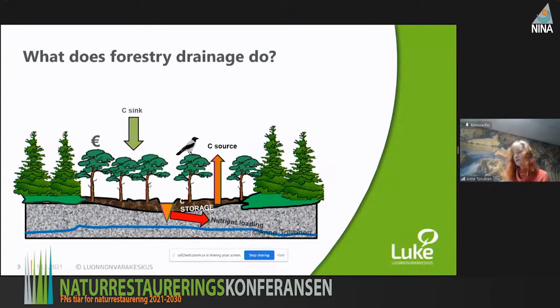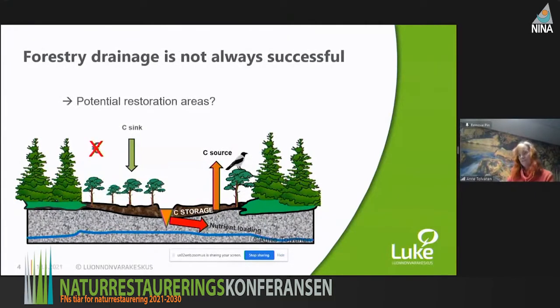There are quite many unsuccessful drainage results, which means that forestry drainage has resulted in unproductive peatland forests. And unproductive means that they do not produce timber in an economically profitable way. So the timber growth is not sufficient.